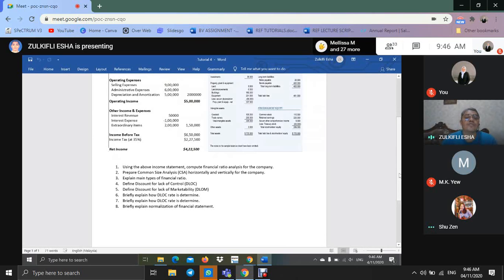You have already started doing your assignment, and for your assignment you need to find a business financial statement for the company that you have chosen, right? So you just use that company's financial statement to try to prepare the CSA.